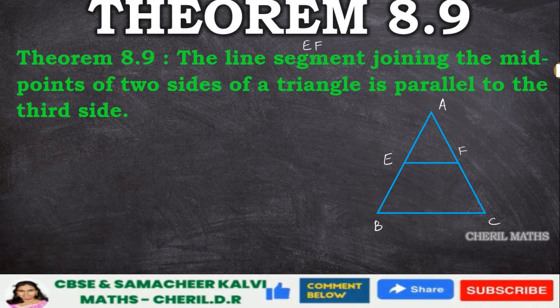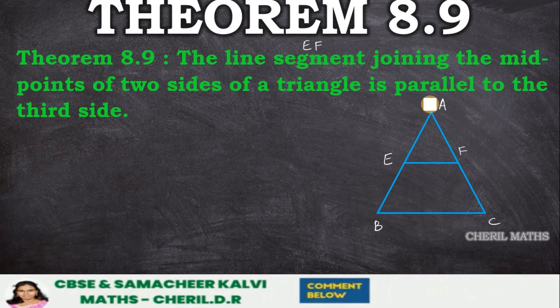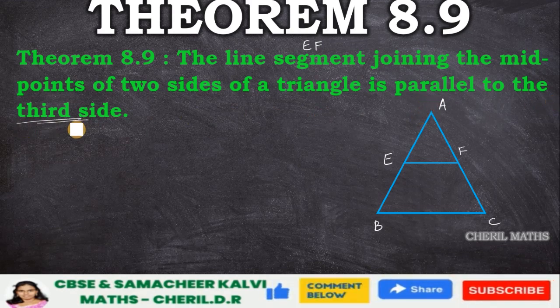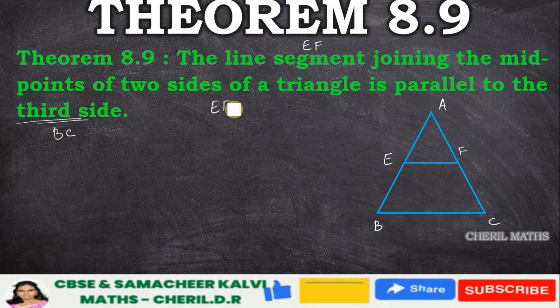And the line segment joining the midpoints of the two sides of a triangle is parallel to the third side. What is the third side? BC. So what they are telling us is to prove that EF is parallel to BC. Okay, so what are we given here?